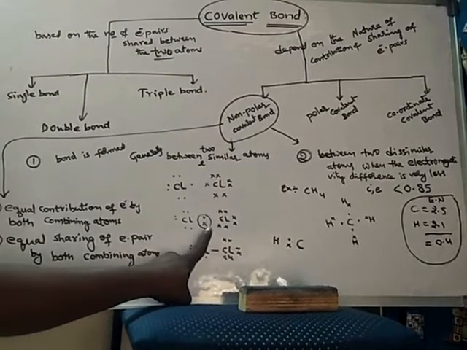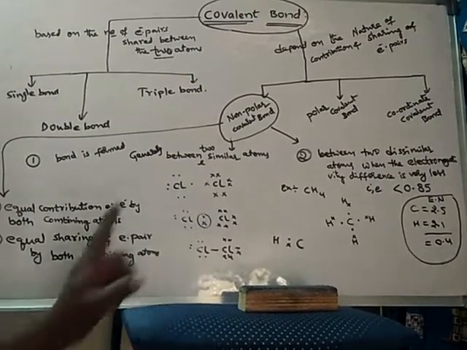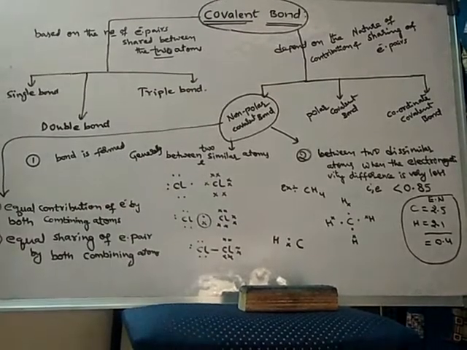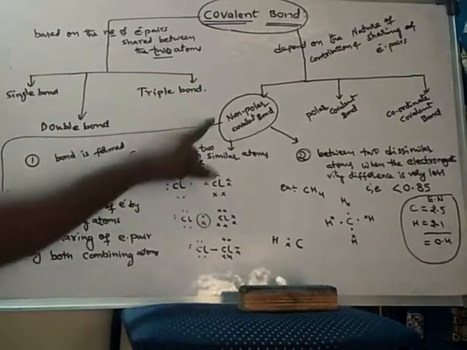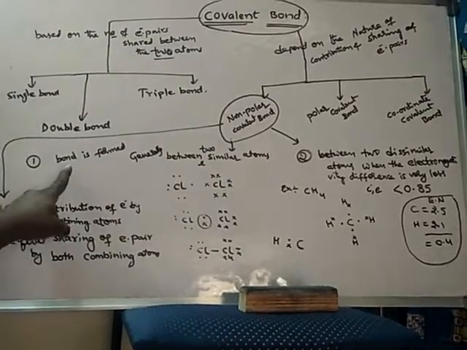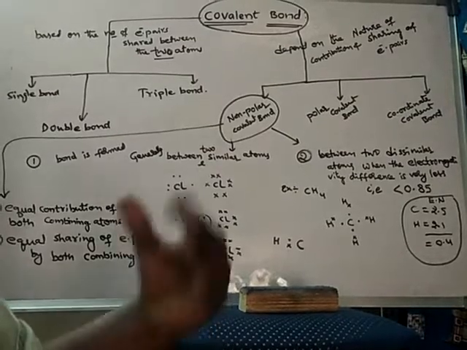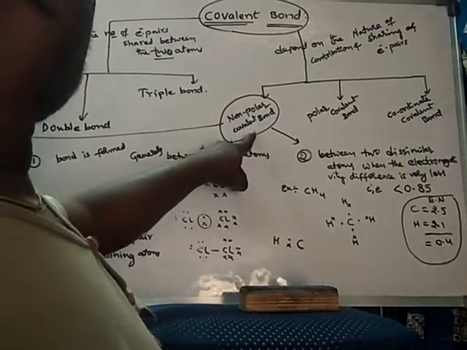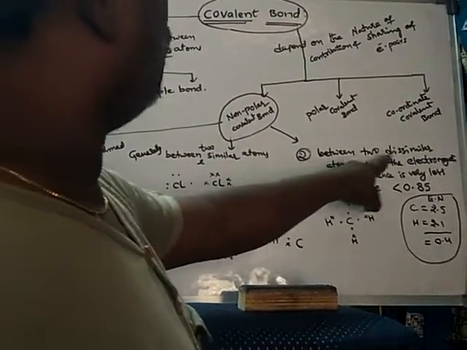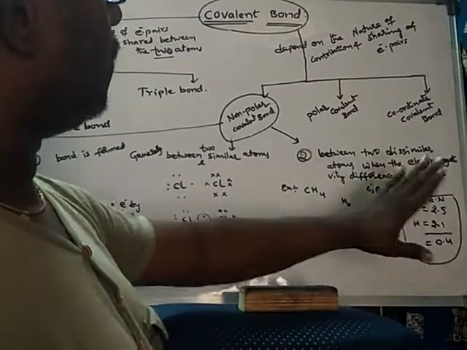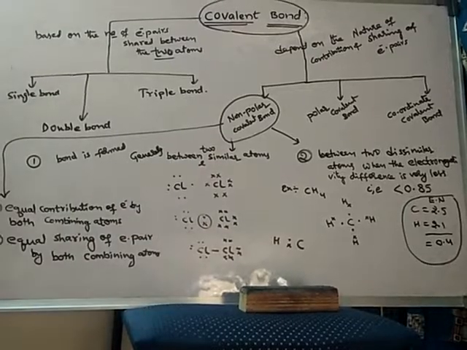Here this electron pair is shared by both the atoms equally, because these two are similar atoms. Non-polar covalent bond is generally formed between two similar atoms; sometimes non-polar covalent bond may also be formed between two dissimilar atoms. That is another case, we will discuss it later. First we are discussing this one.